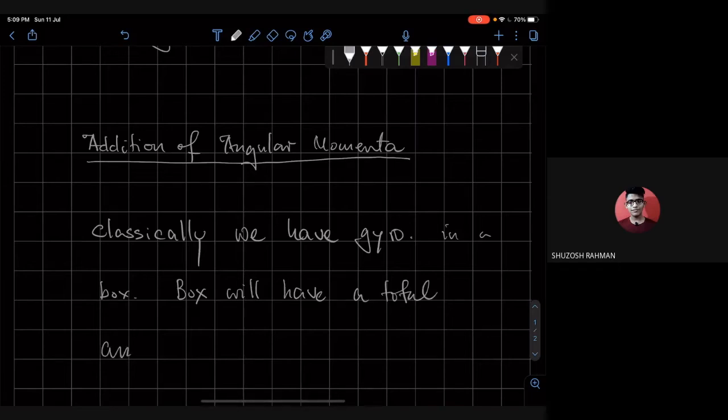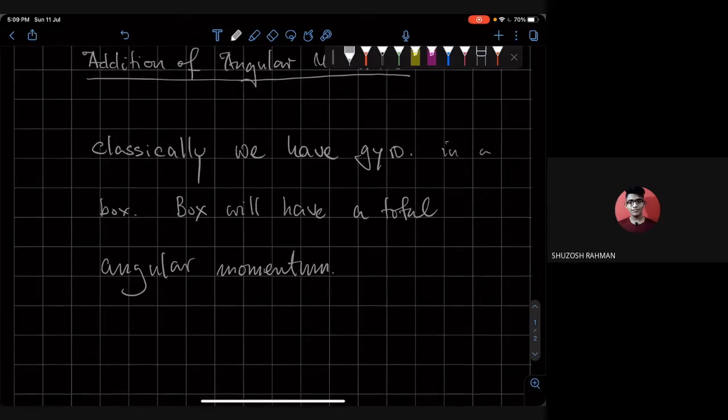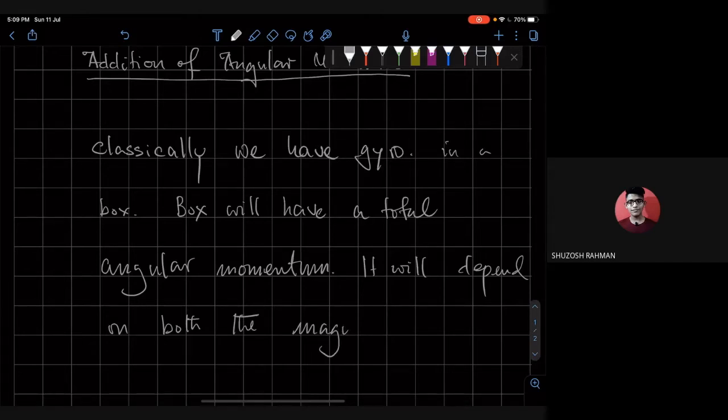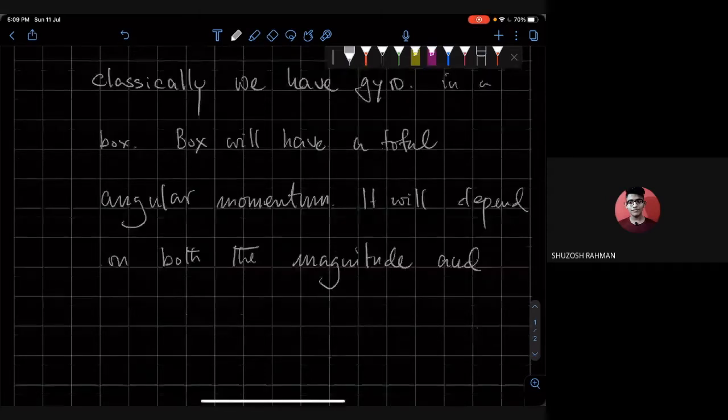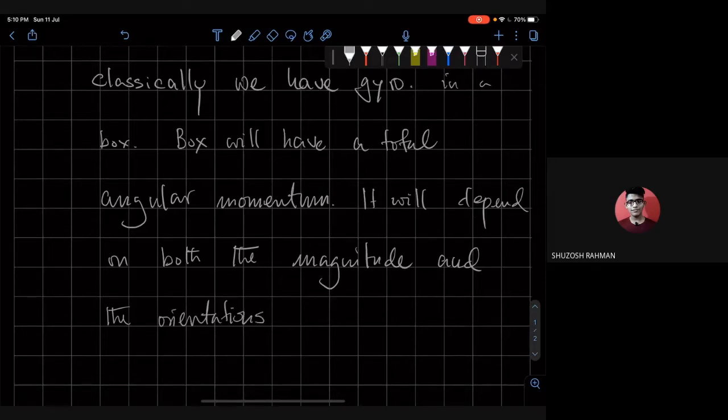But this angular momentum will depend on both the magnitude and the orientations of the gyroscopes. Do you agree?